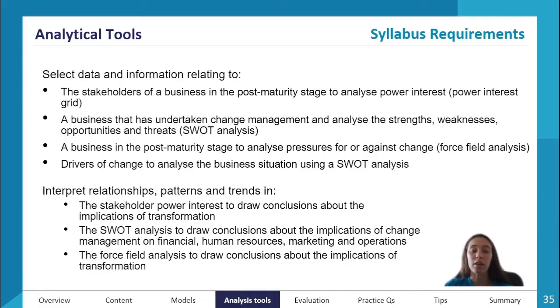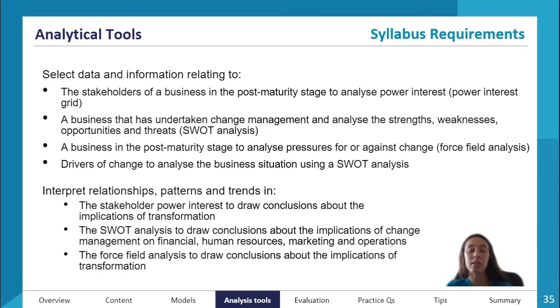You'll be looking at the SWOT analysis to draw conclusions about the implications of change management on our 4 key pillars: financial, human resources, marketing, and operations. And then lastly, the force field analysis to draw conclusions about, again, the implications of transformation.